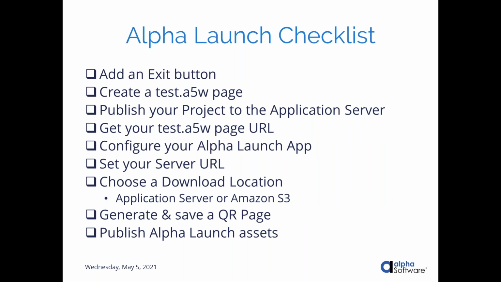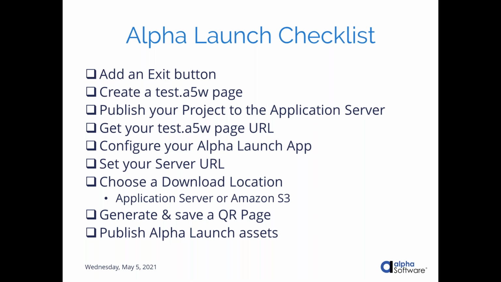So today I'm going to talk to you mostly about this checklist of what it takes to get your app into Alpha Launch. It looks like a lot, but most of these tasks are pretty simple and straightforward. We're going to talk about making an exit button. We're going to talk about making a test A5W page and why you might want to do that, especially if you've never published Alpha Launch before. We're going to talk about publishing your project, the project being your app itself, to your application server.